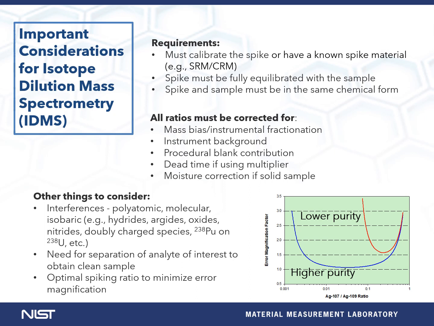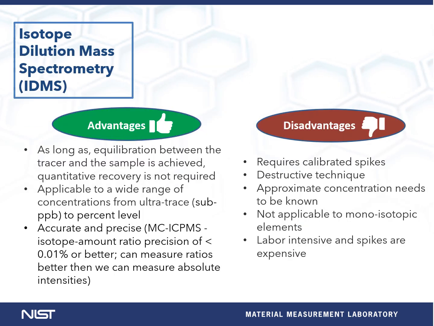Also, evaluating what the optimal spiking ratio is important for reducing the error magnification. This last consideration is highly dependent on the purity of your spike. The greater the purity of the spike allows for a larger range of spike to sample ratios where the error magnification still remains small.